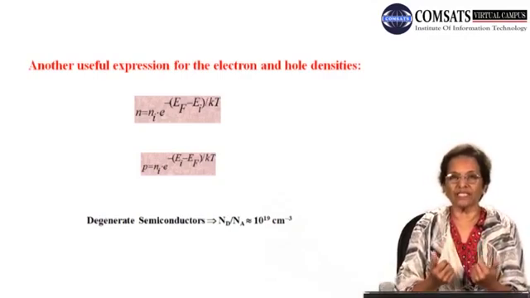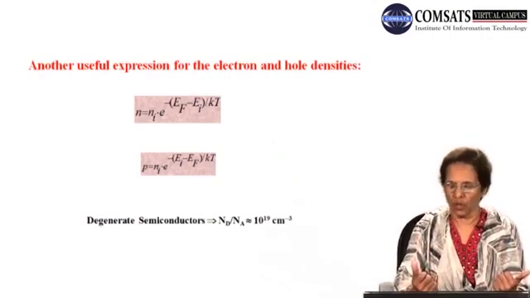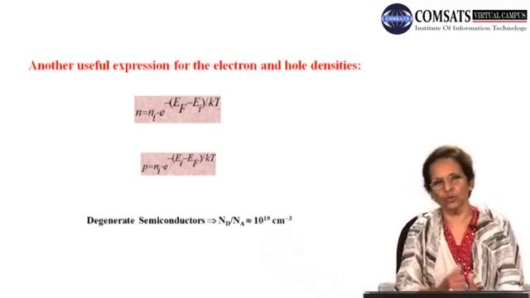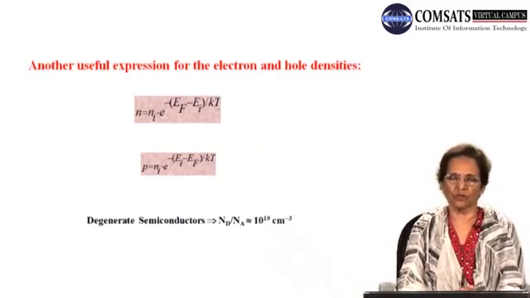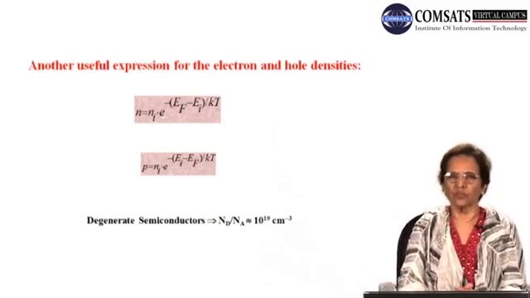But if the crystal is highly doped, so highly that the donor and acceptor terms increase to a level of 10 to the power 19, then there will be a large concentration of electrons and a large concentration of free holes, and the simple laws of Fermi-Dirac distribution or the Maxwell-Boltzmann equation, which we had tried to use for silicon, will no longer hold.